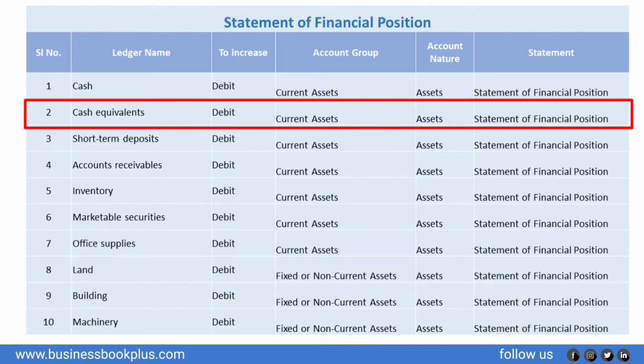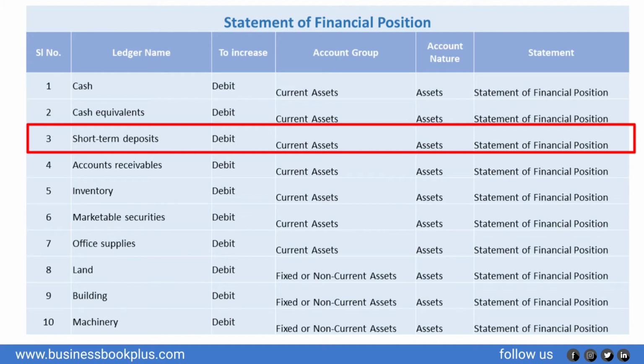Account group current assets, account nature assets, affects the statement of financial position. Short-term deposits increase with debit. Account group current assets, account nature assets, affects the statement of financial position.